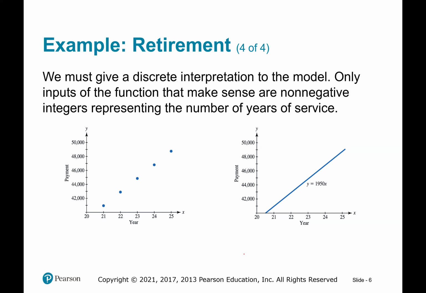So the data values, when we plot those, we get a graph of discrete data values, points. But when we create the model and we graph it, we get a continuous line. So there's just trying to reiterate the difference between your data, which is a set of ordered pairs, a set of points, and then the model we created, which is actually a line that includes every point on that line.